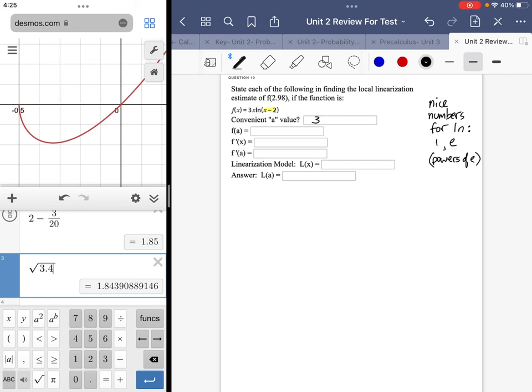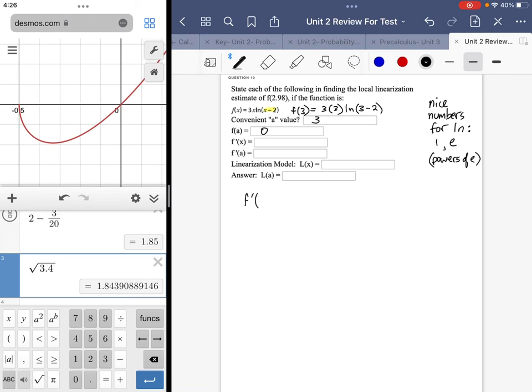So f of that nice number, f of 3, that's my way of asking you to verify that it truly is a nice number. 3 times 3 times ln of 3 minus 2. 3 minus 2 is 1. Natural log of 1 is 0. 0 times anything is 0. Yep, 3 is a nice number.